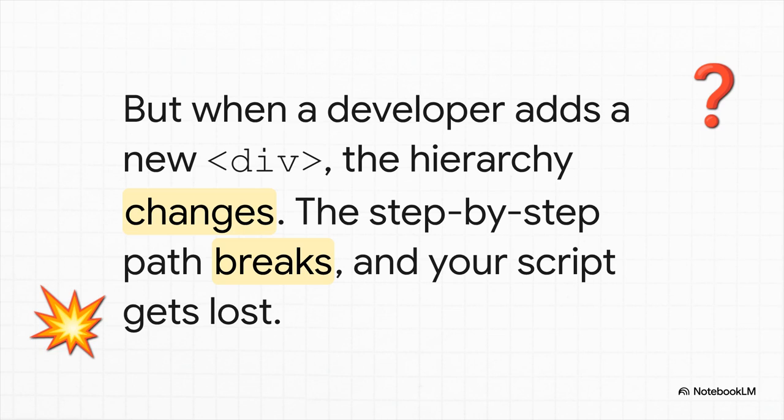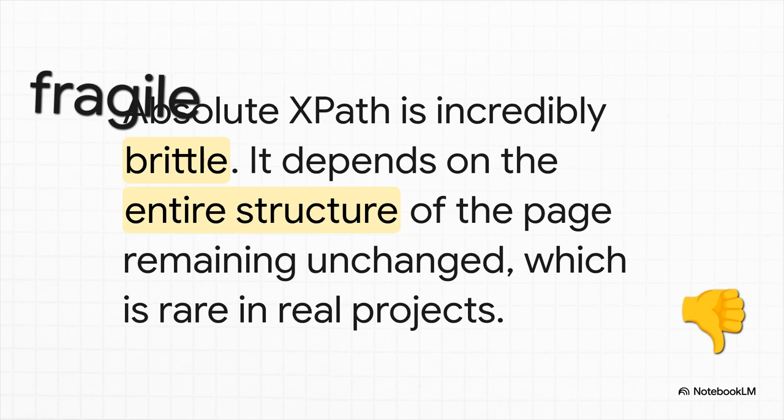A developer comes along and adds a simple little banner ad, just one new div near the top, and suddenly, bam! The entire path you wrote is broken. Your script is now completely lost because one step in its long list of directions is changed. And that is why we call absolute XPath brittle. It shatters with the smallest change. It's just not built for the real world, where user interfaces are constantly being updated and tweaked.